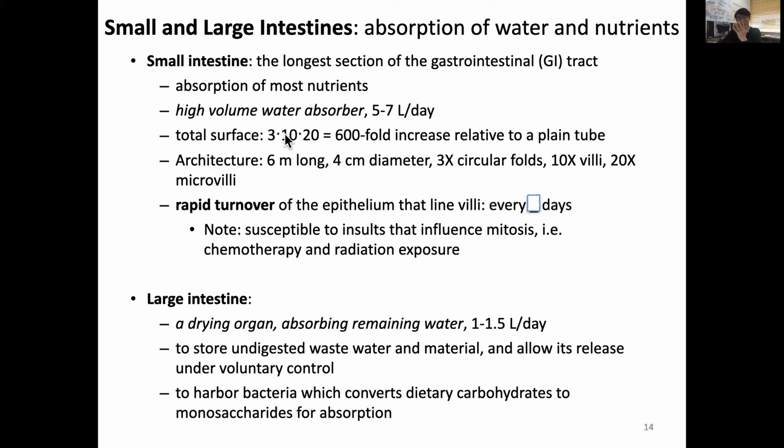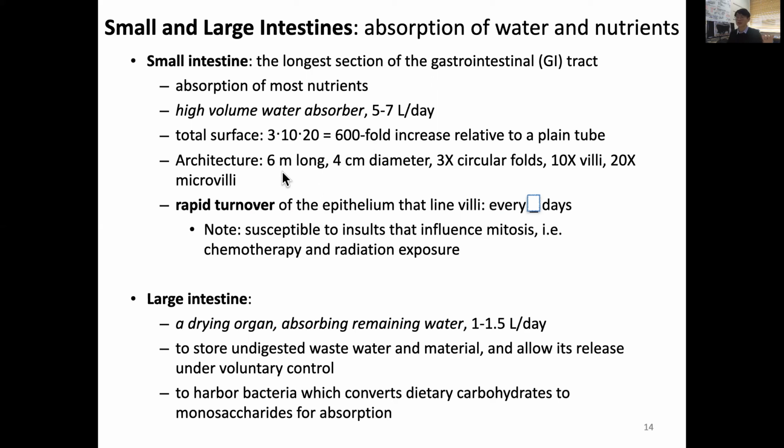And the single epithelial cells have fine microvilli, which we sometimes call the brush border from the pathology point of view, because it looks like a hazy brush under light microscopy. That increases it another 20-fold, which results in about a 600-fold increase in surface area relative to a plain tube. So this is the strategy our small intestine is adopting.